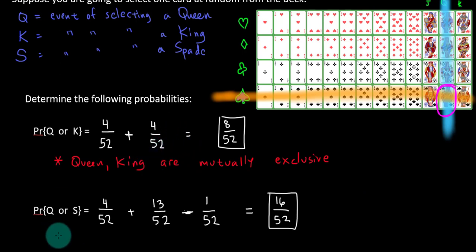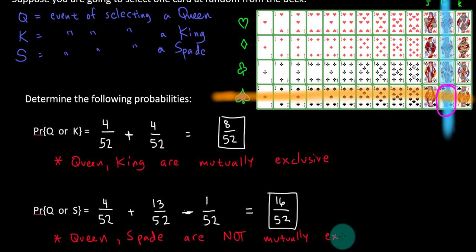However, with this second example, the event of selecting a queen and the event of selecting a spade are not mutually exclusive. They can occur together, right? And we saw them occur together with the Queen of Spades right there in pink.